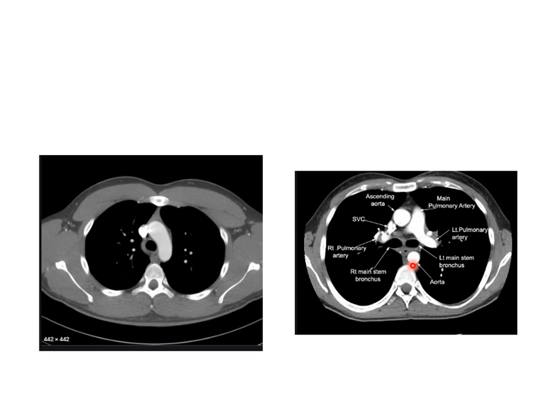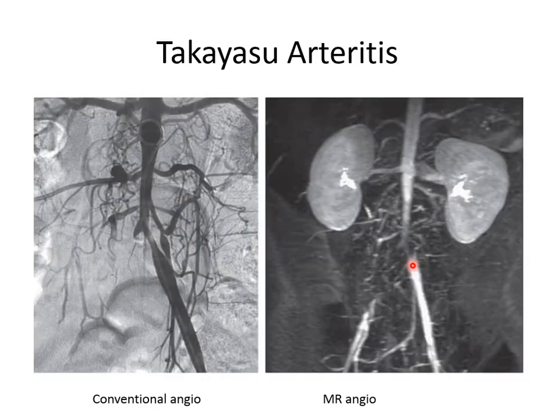Let's start our lecture with the topic non-infectious aortitis. We said that aortitis means inflammation of the wall, regardless of the underlying cause. So we can broadly classify the causes into non-infectious and infectious. Non-infectious is more common than infectious causes.